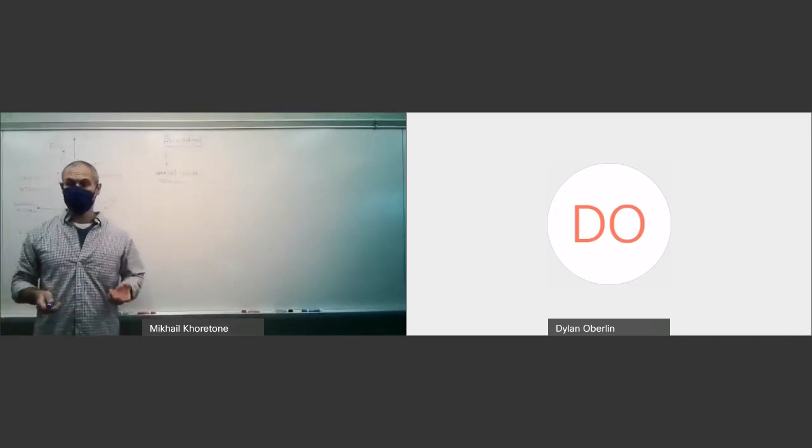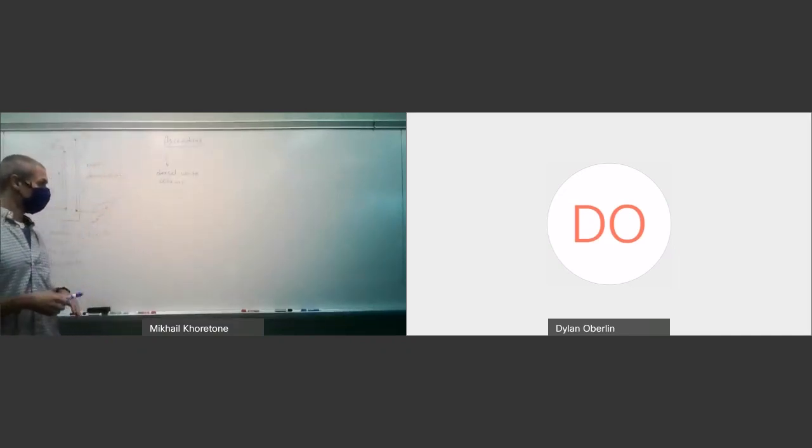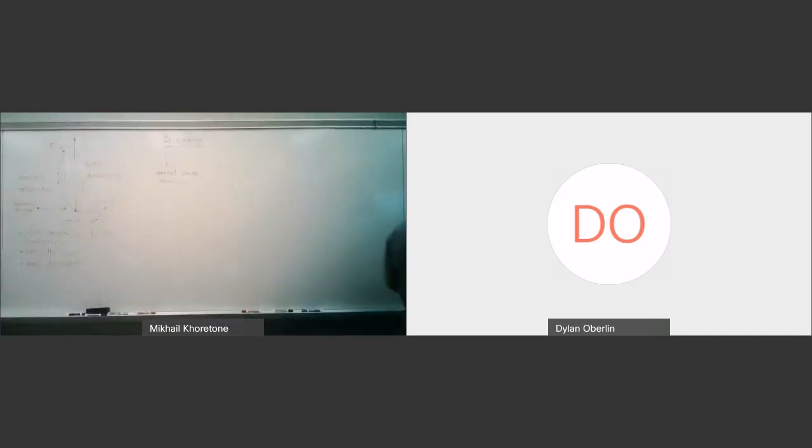So I don't have my spinal cord here. It's probably the largest pathway right about here.